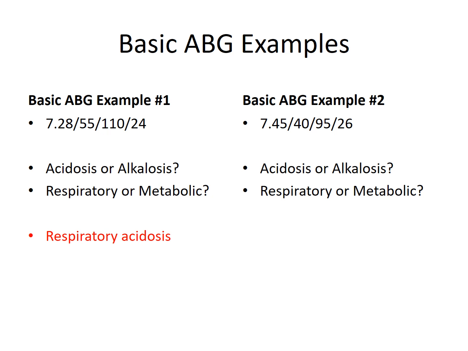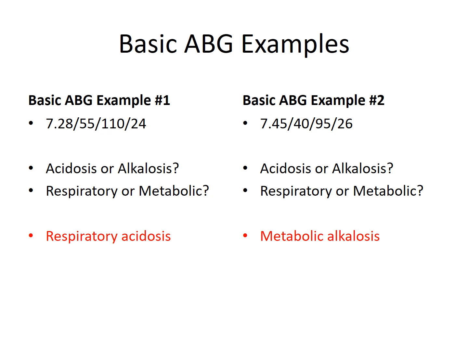Okay, again, first step, determine whether the primary abnormality is fundamentally an acidosis or an alkalosis. Second step, determine the type of primary abnormality in this blood gas. If you said that this blood gas represents a metabolic alkalosis, you were right again. First, because the pH is greater than 7.4, this is an alkalosis.